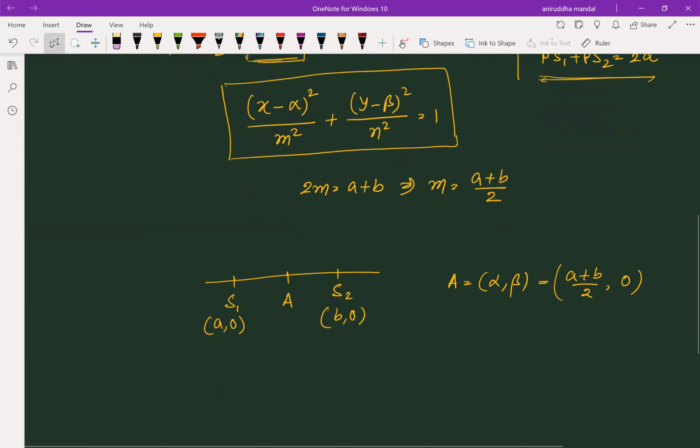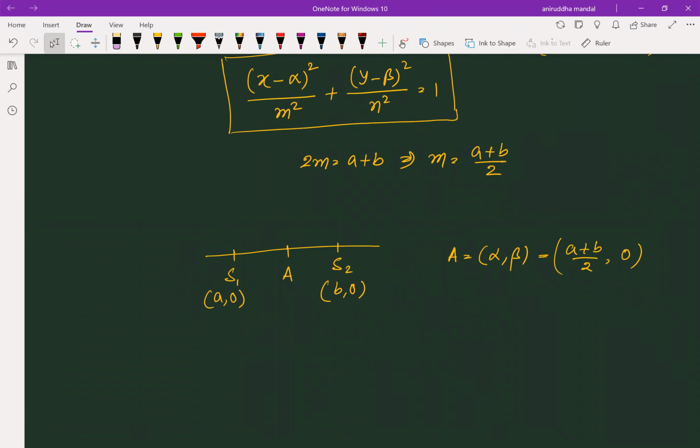So to find the value of n, we know S1 and S2 are the foci points. We know the foci of an ellipse are alpha plus minus m e, where e is the eccentricity of the ellipse. So for the S1 point, alpha minus m e, and S1 is a.